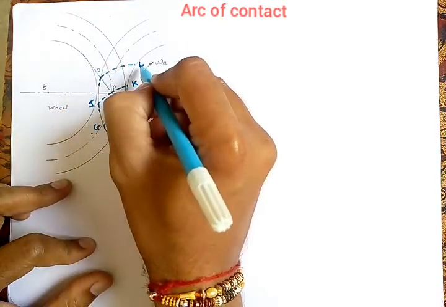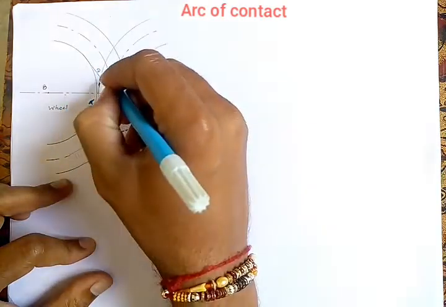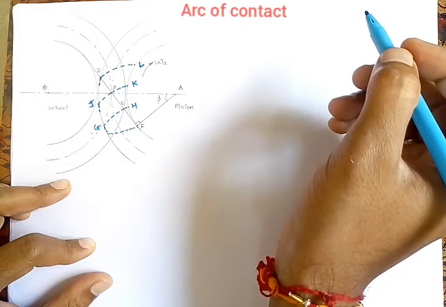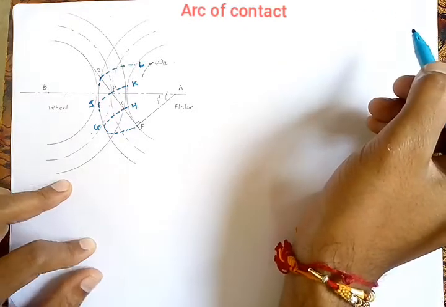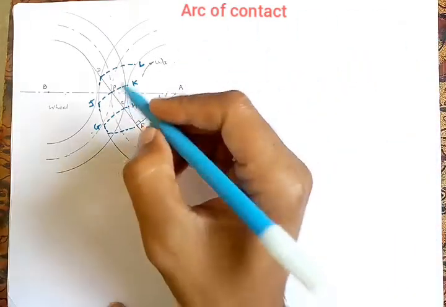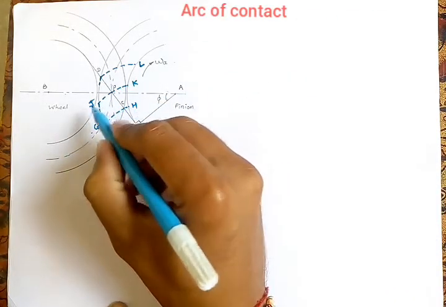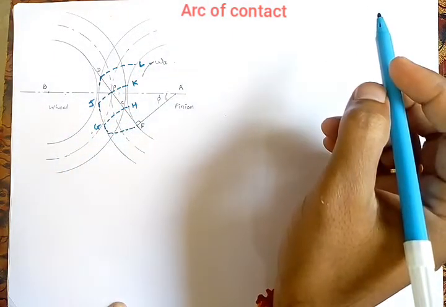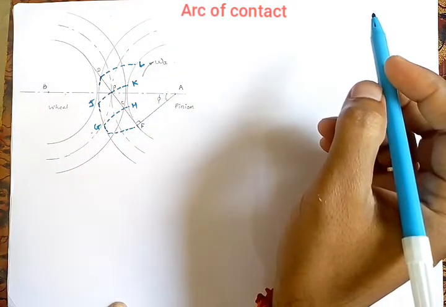So DL, at this particular instant, the contact will break. Now the positions of GH, JK and DL are very important in order to understand the arc of contact.